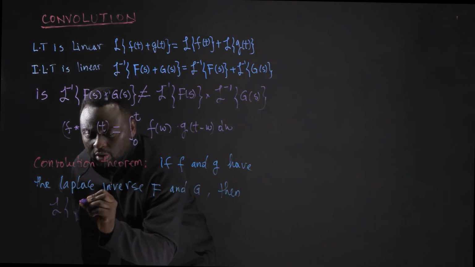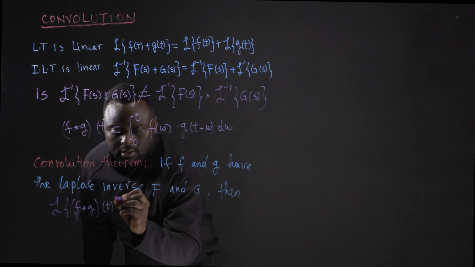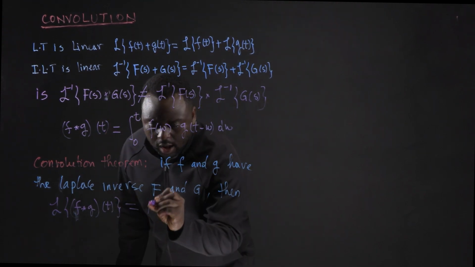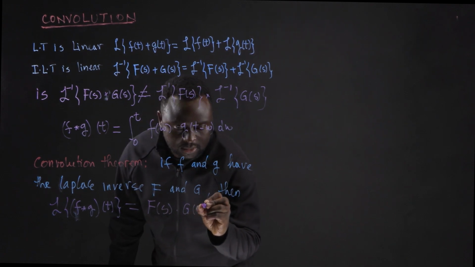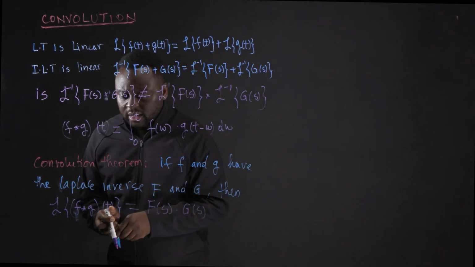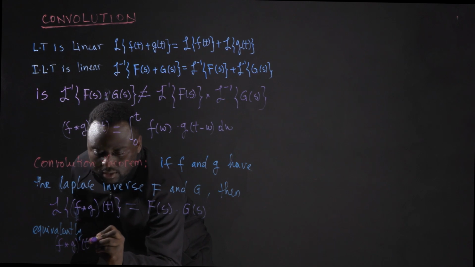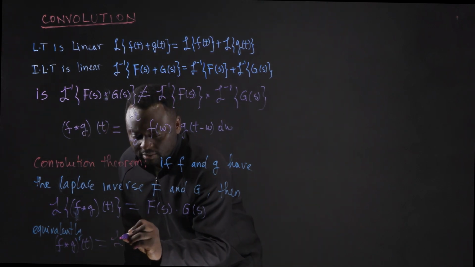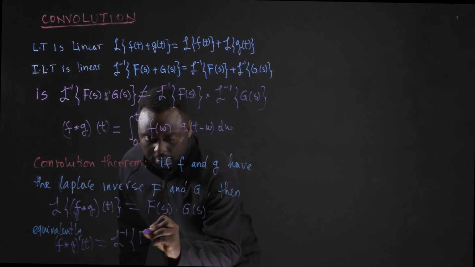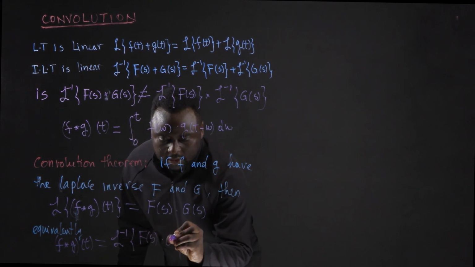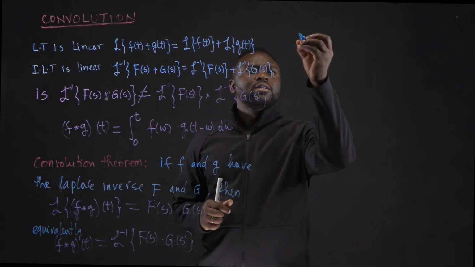The Laplace transform of f convolution g of t is equal to F of s times G of s. So this is equivalent to f convolution g of t is equal to the Laplace inverse of F of s times G of s.